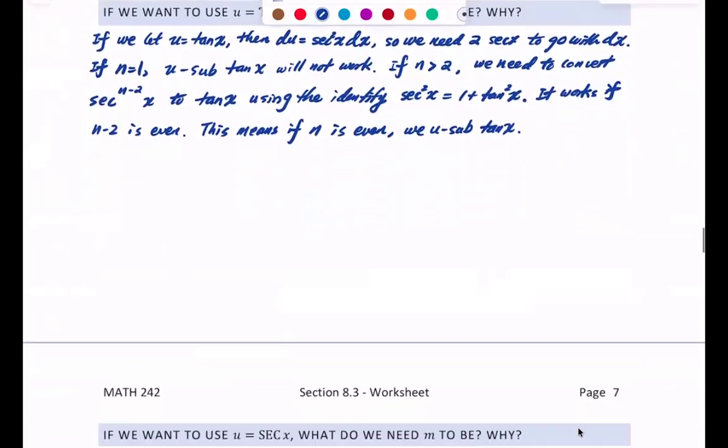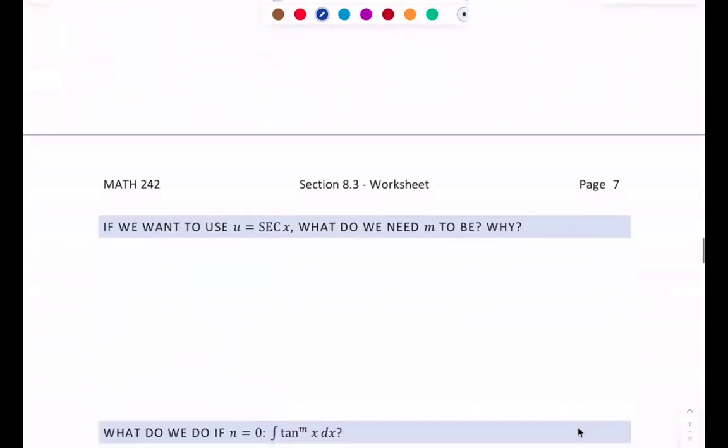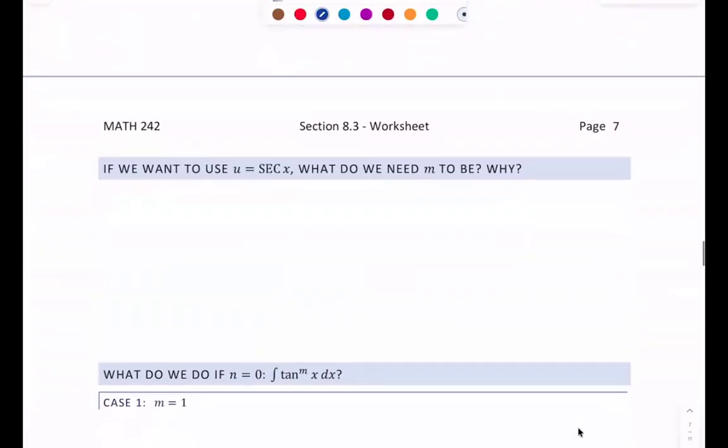Okay. So now let's see, what if we want to use up secant? Let's try out. So if we let u be secant x, first immediately we want to think about du. Secant tangent.